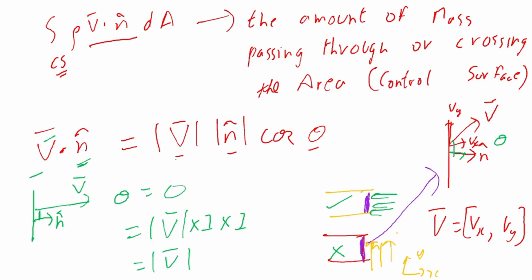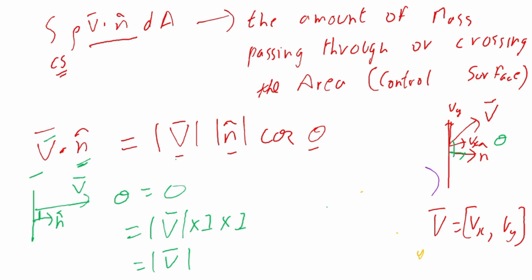Now, if I erase this and make some space, what happens if your normal vector is in this direction, but the velocity is in the opposite direction?